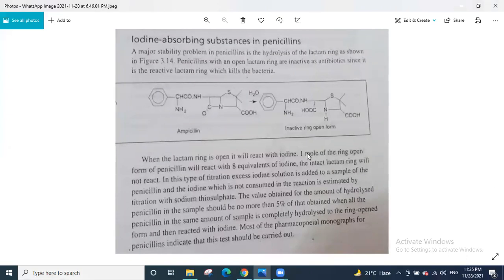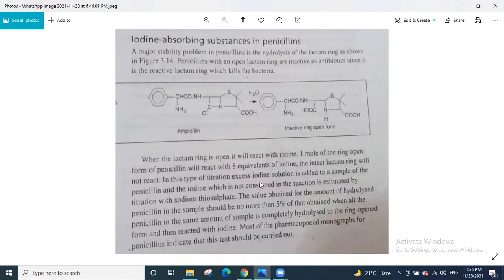This is the stoichiometry of the reaction, by which we can calculate how much of the ring-open form is present. The intact lactam ring will not react.